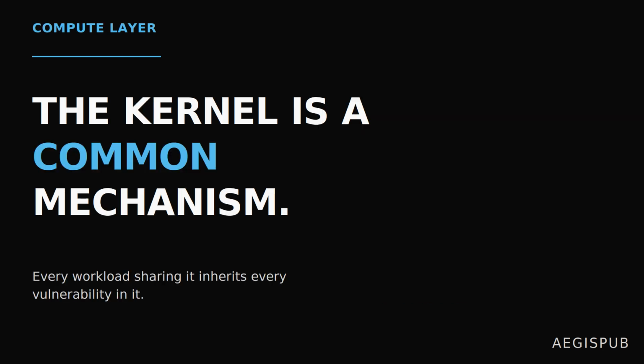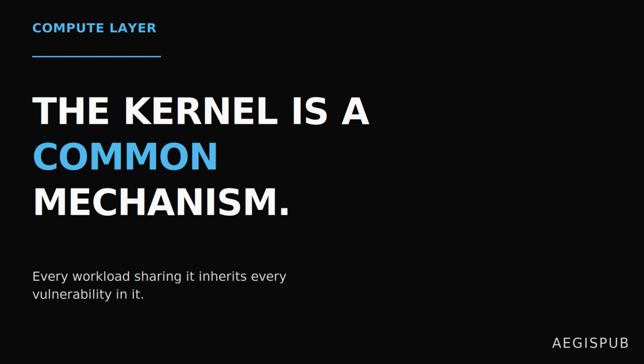At the compute layer, the shared mechanism is the operating system kernel, the hypervisor, or the container runtime that different workloads use as their platform. A physical server running multiple virtual machines shares the hypervisor between all of them. A Kubernetes cluster running multiple containerized applications shares the container runtime and, more significantly, the host OS kernel between all containers on the same node.